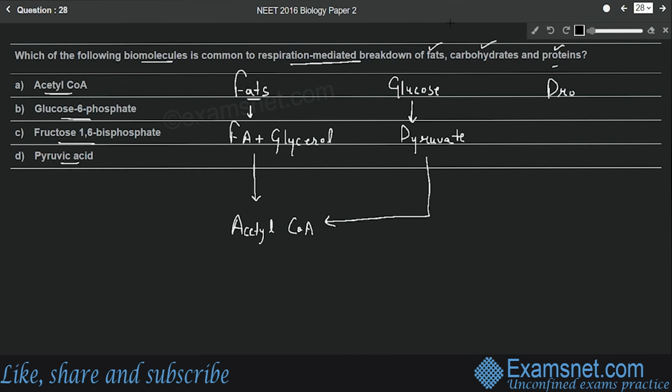Proteins will first break down into amino acids, and then these amino acids get converted into pyruvate, and again pyruvate gets converted into acetyl coenzyme A. So we can see that among these three biomolecules, fats, glucose and proteins, the common molecule is acetyl coenzyme A. Therefore the correct answer will be option A, acetyl coenzyme A.